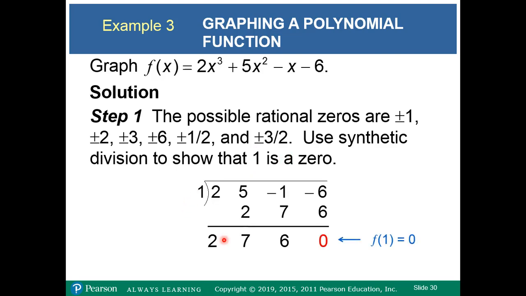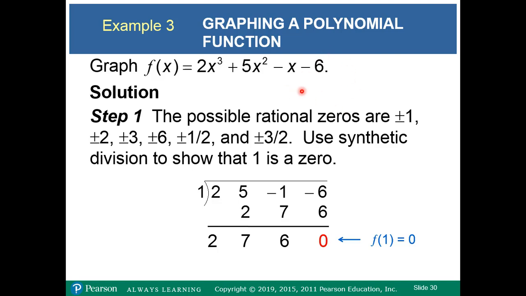Now remember this shortcut. You can use synthetic division, but with 1 and negative 1, you can use a special shortcut. If you want to find out if 1 is a 0, all you have to do is add up the coefficients. If the coefficients add up to 0, then 1 is a 0. So in this case, 2 plus 5 is 7, minus 1 is 6, minus 6 is 0.